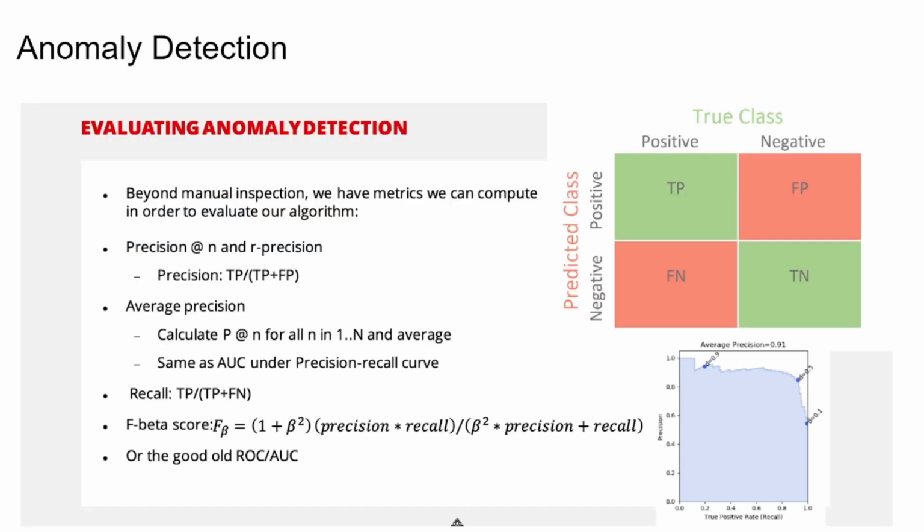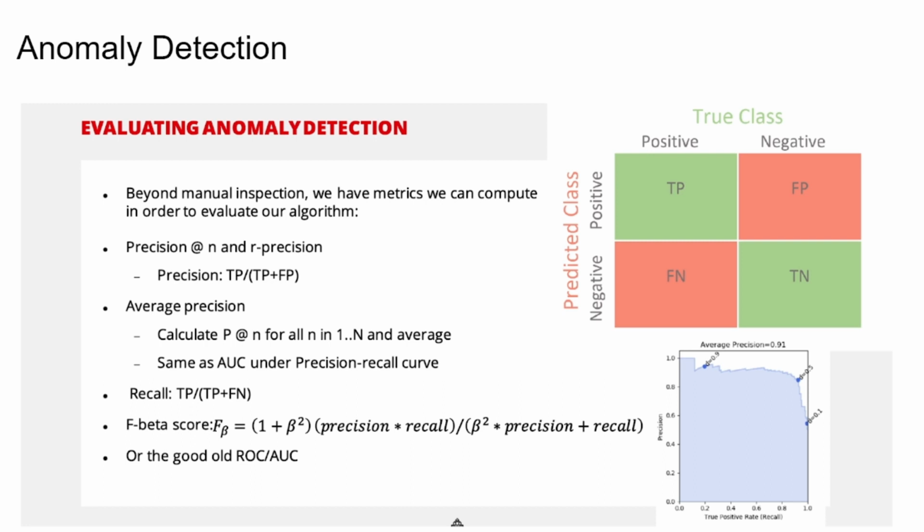Here are some of the methods that you typically use when evaluating anomaly detection. It's also not that important, but recall and precision in general are the main ways that you would use it in the exam, for example, or just in general.